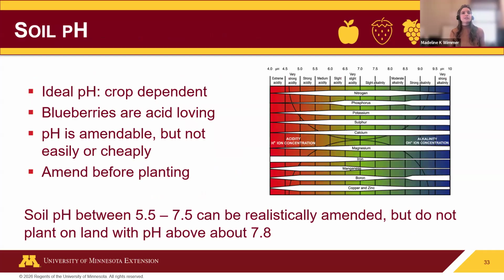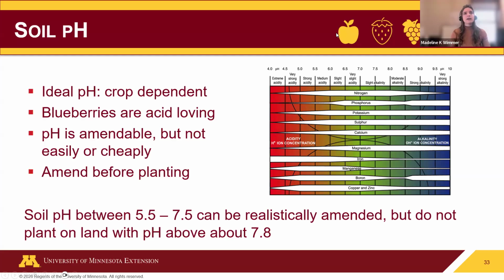Your soil pH is also really important. As I mentioned, the acid-loving blueberries, you really want to be paying attention to what your soil pH is there. But ideally, your crop will have a specific pH range that it works well with. And this helps with nutrient uptake.